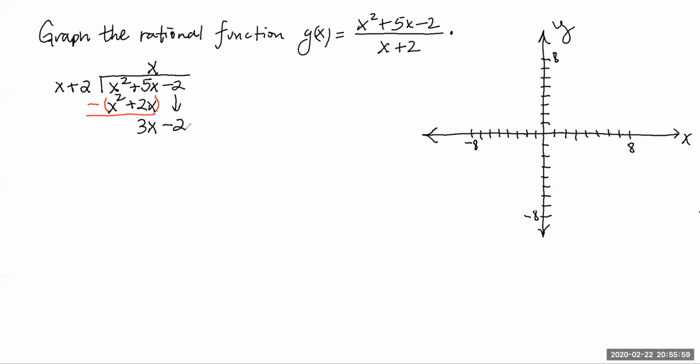And we want to know about how many x plus 2's can get us a 3x. Well, we need a 3 or a plus 3. Let's multiply again. We get 3x plus 6. Once again, we now need to subtract.